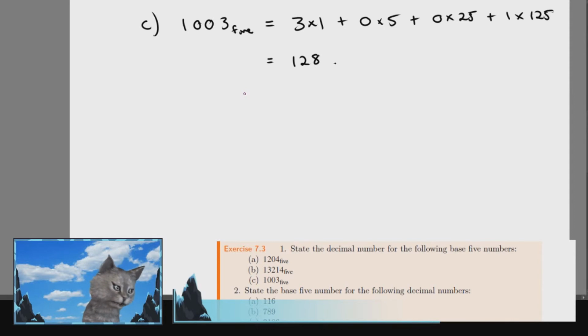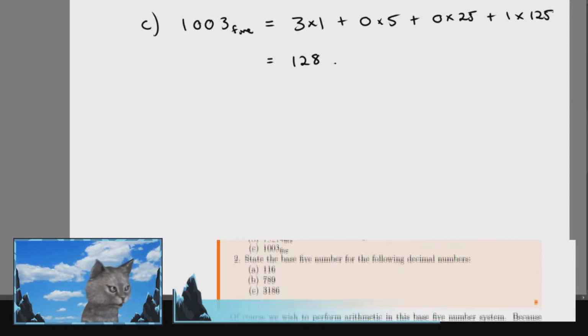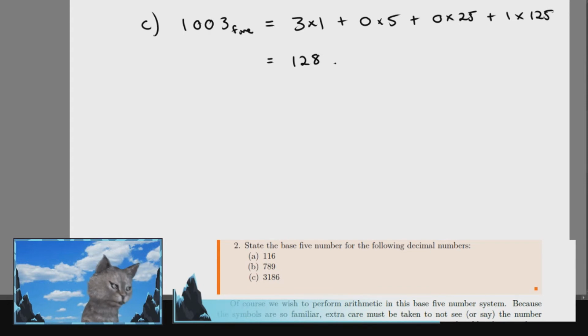Now let's move on to the other kind of conversion, which is, given the decimal number, what is the base 5 representation of that number? So the first one is the decimal number 116. Now there's different ways to go about this.